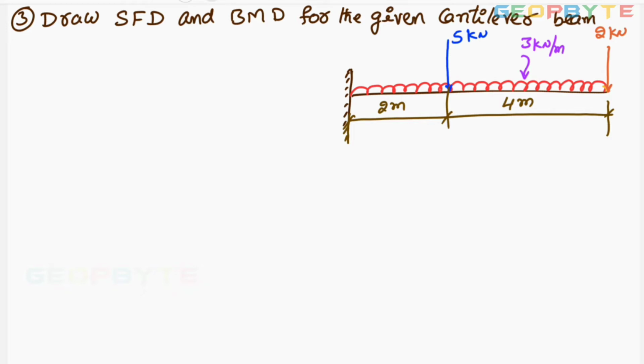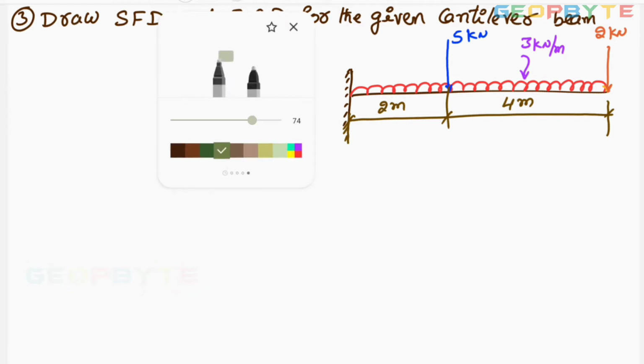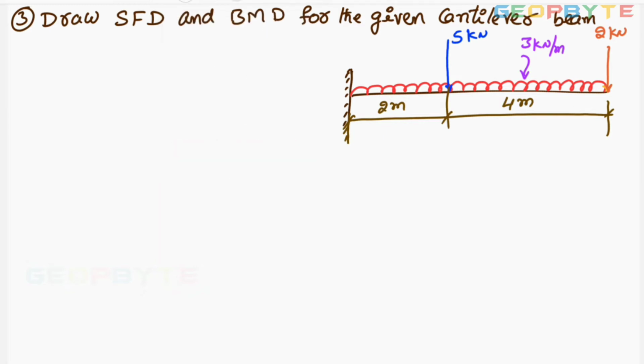Look at the diagram. The cantilever beam is subjected to three loads: two point loads and one UDL. A 2 kilonewton point load is acting at the end of the cantilever beam, and 3 kilonewton per meter is the UDL.